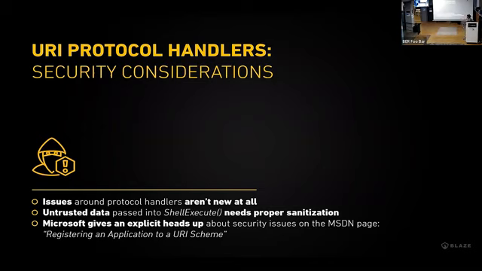I know what I'm speaking about here is a bit Windows-centric, but it applies to other operating systems as well. In the case of Windows, untrusted data will be passed into ShellExecute to spawn the executable, without proper sanitization. In many cases this doesn't really happen, and because of that, you can take advantage of it.